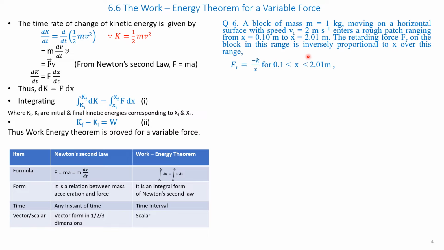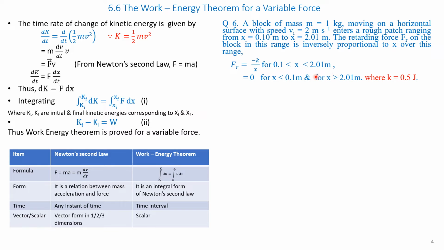So the relation is given as retarding force Fr is equal to minus k by x. Here this is a small k. The value of small k is 0.5. It is given.